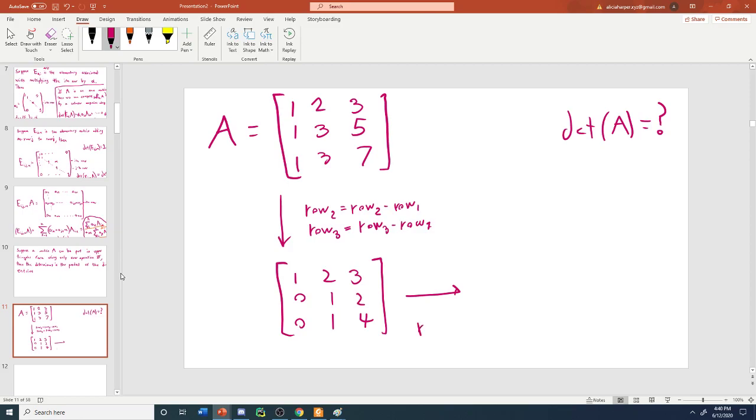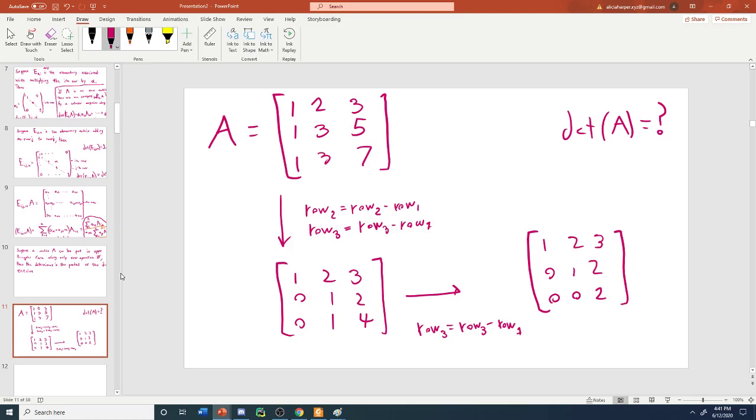And I can set row 3 equal to row 3 minus row 1. If I do that, I get this matrix, 1, 2, 3, 0, 1, 2, and then 0, 0, 2.